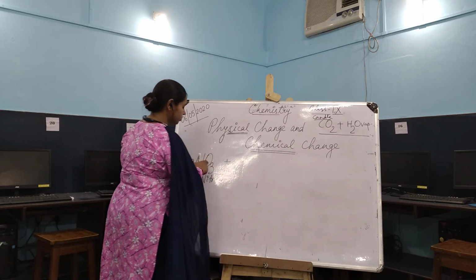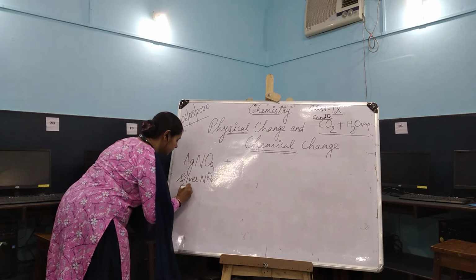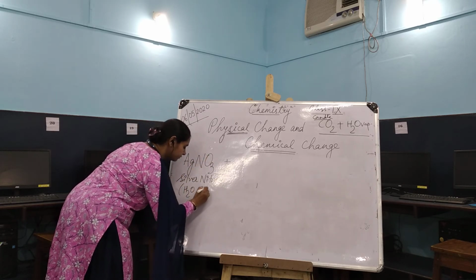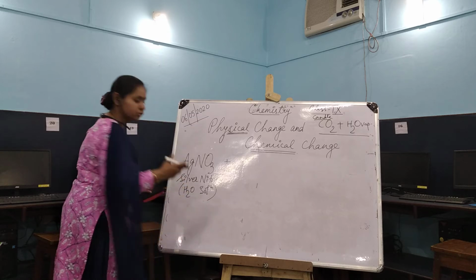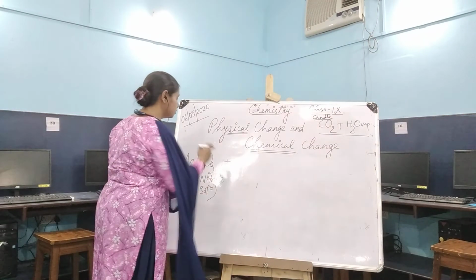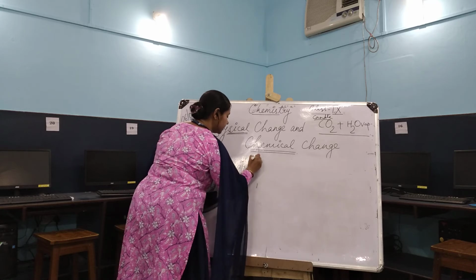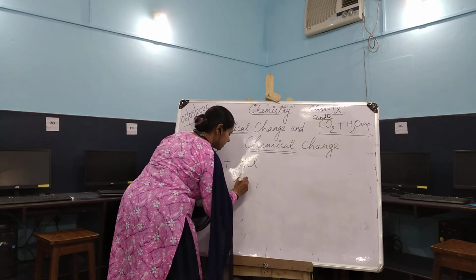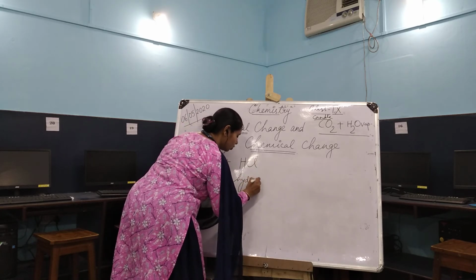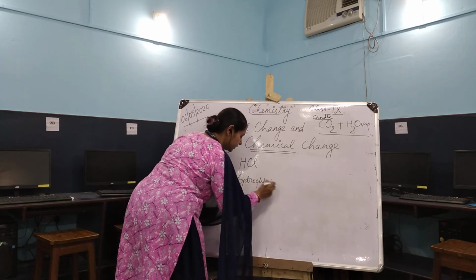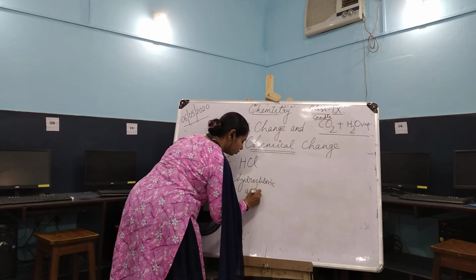It's a water solution we have taken. You can call it an aqueous solution also. To this, you have added HCl. HCl is hydrochloric acid. We have added hydrochloric acid.